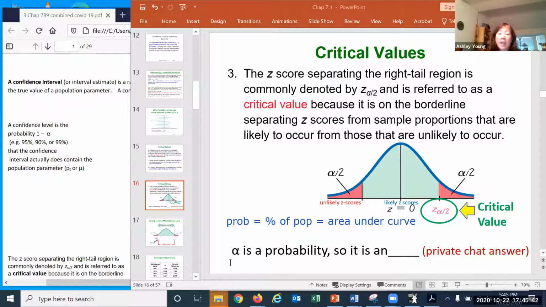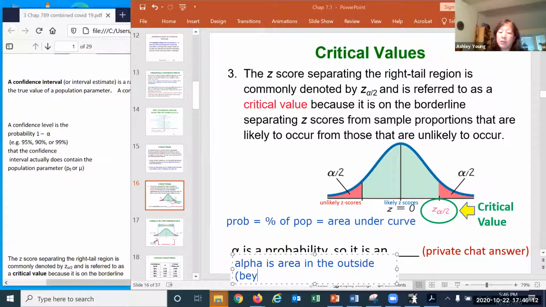Alpha is the area in the tails of the curve, on the outside, we'll call it that way, beyond our critical value.